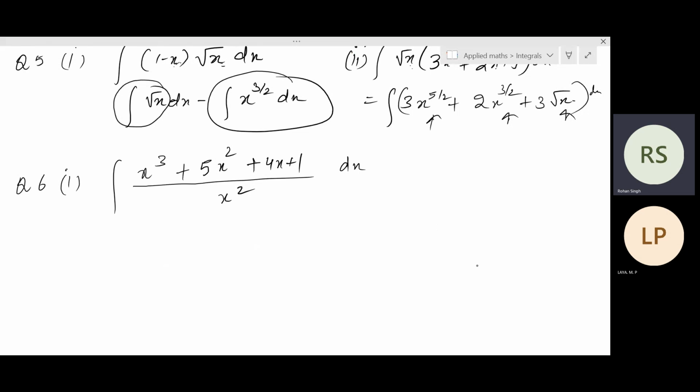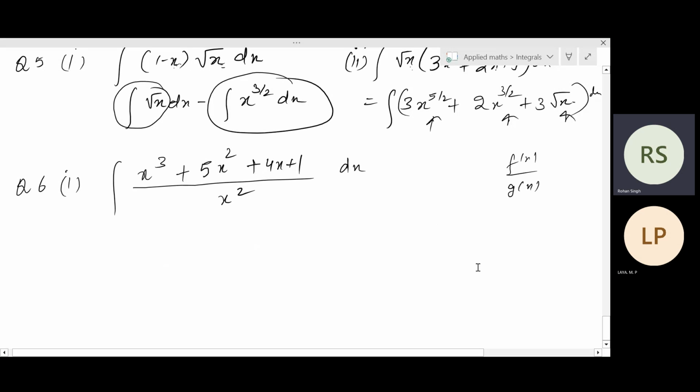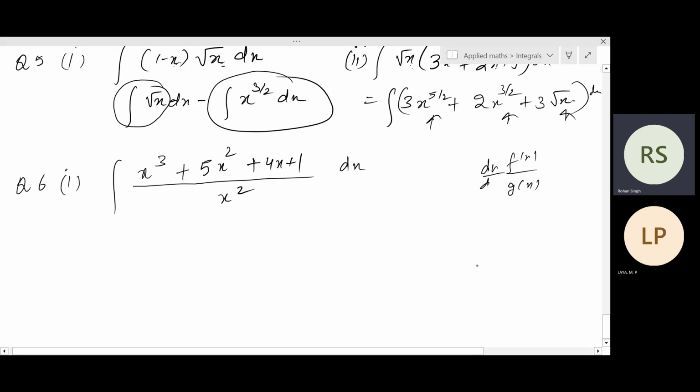In differentiation we have a rule for f(x) over g(x), but in integration we do not have any rule. But we can simplify this by dividing every term by x square. So x cube over x square will become x, then plus 5, then 4x over x square will become 4 over x, then 1 over x square.